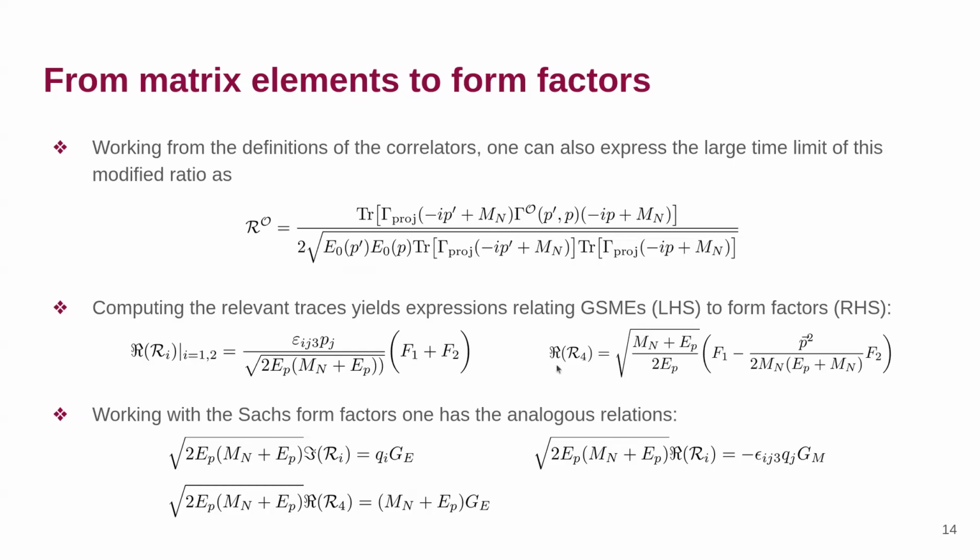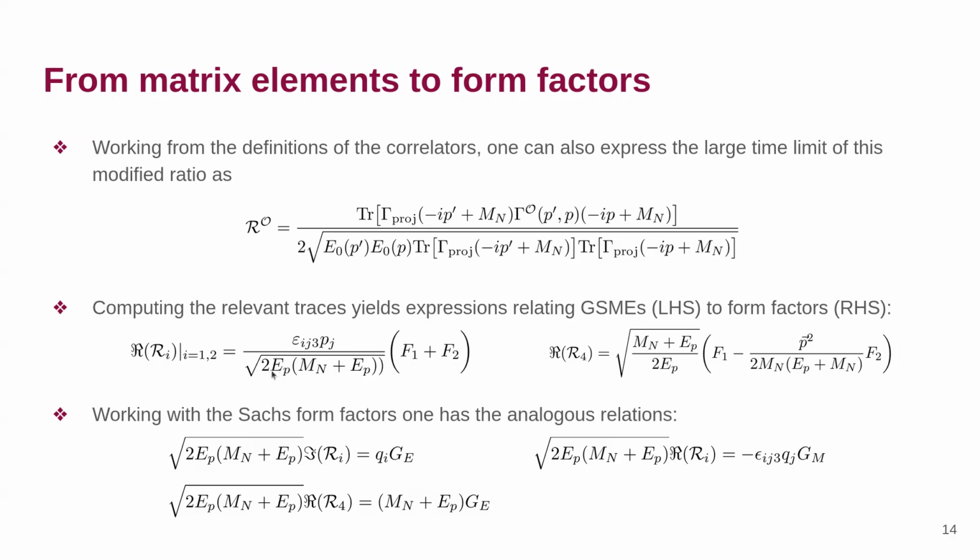And then another relevant expression is when the Lorentz index is 4, the temporal component of the current. And so these matrix elements that you obtain from fits to the corresponding correlators can be related through these kinematic factors to our form factors F1 and F2. And this is at each Q squared, right? We have one of these equations.